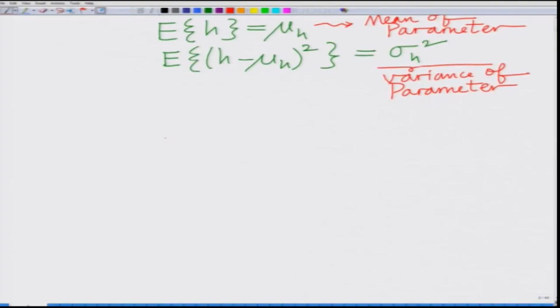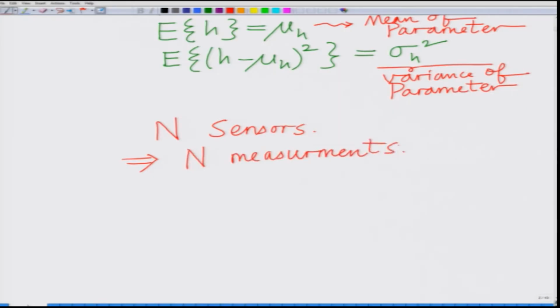Okay. So, we consider a WSN with capital N sensors, which implies that there are N measurements. Okay.